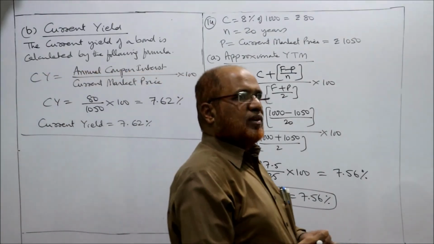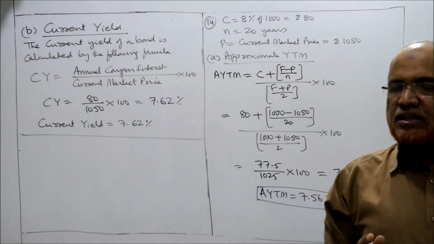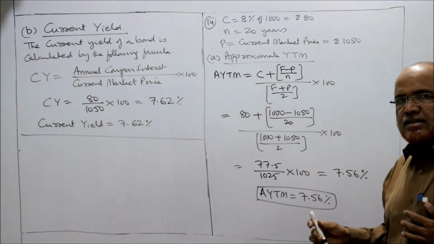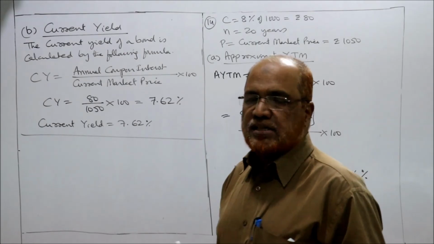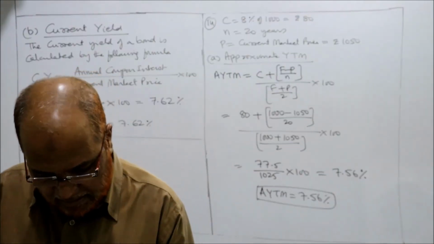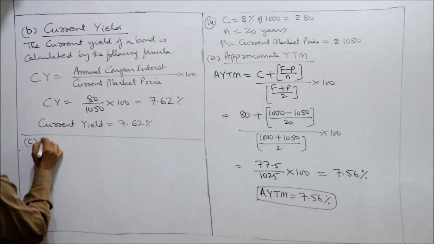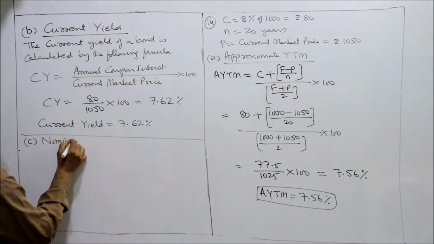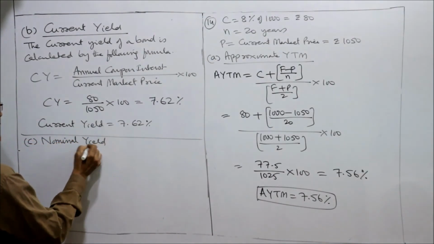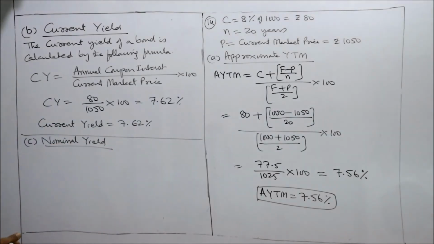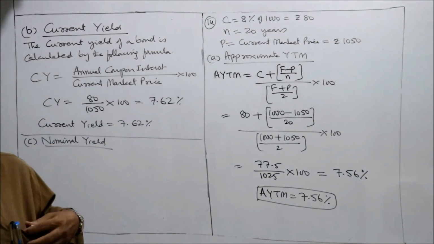Come on, 2 questions we have completed. We have calculated the YTM and we have calculated the current yield. The third question is asking you to calculate the nominal yield.